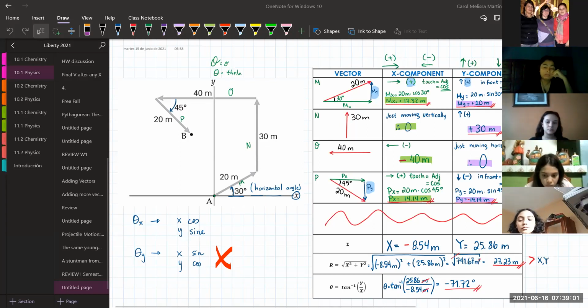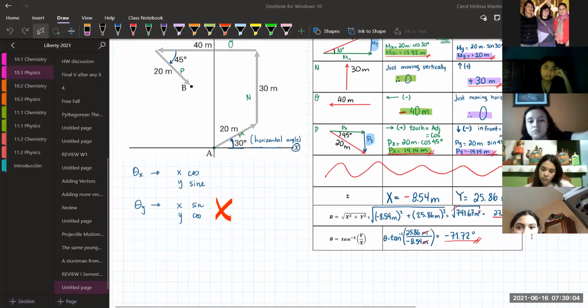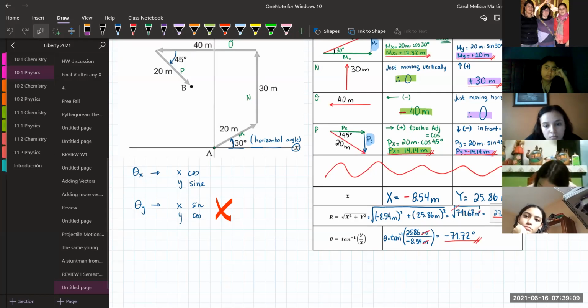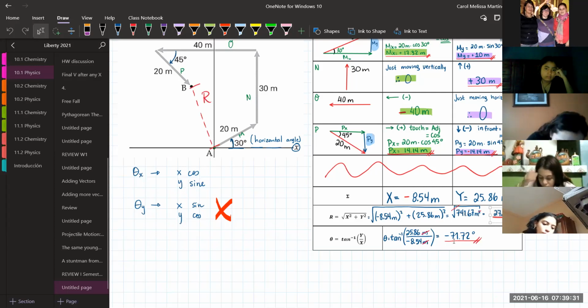In other words, it means that the resultant, the total displacement that the person had, was 27.23 meters. And how do you measure this angle? Remember I told you where the resultant was. The resultant is going to be this. So that is the resultant. Now, the angle is negative 71.72 degrees.